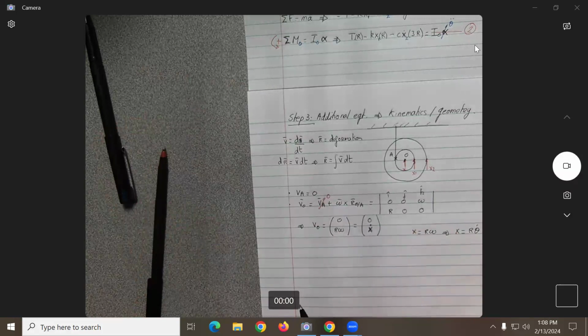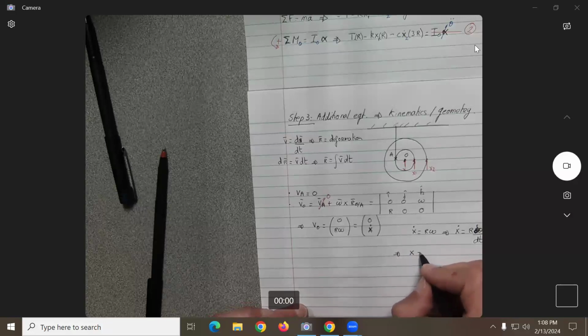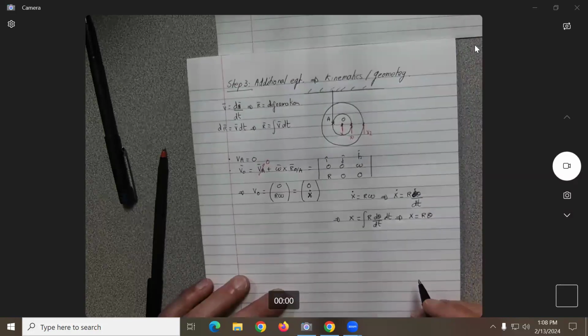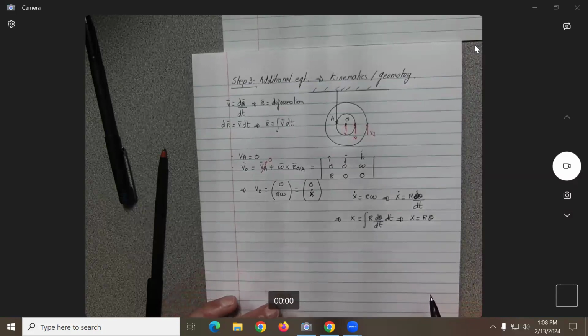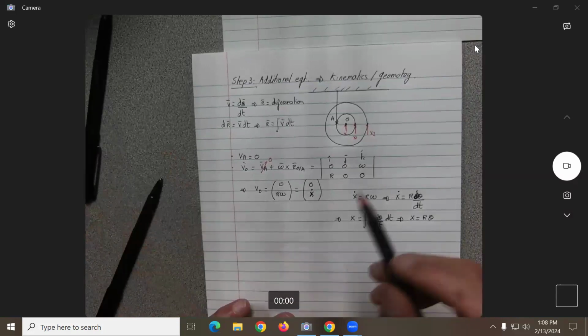So X dot equals R d theta dt. This means X will be equal to the integral of R d theta dt dt, which gives X equal to R theta. Yes? Okay, so then we can decide what we do.